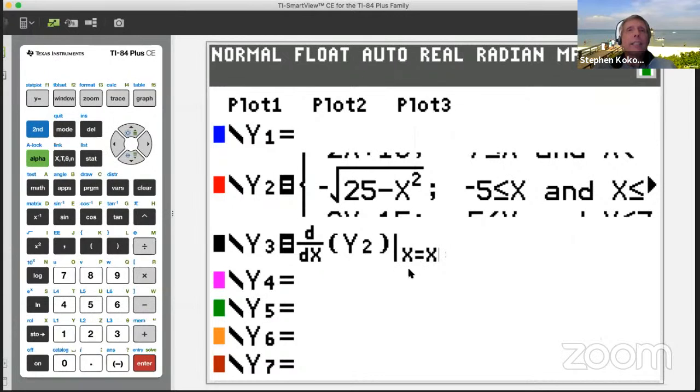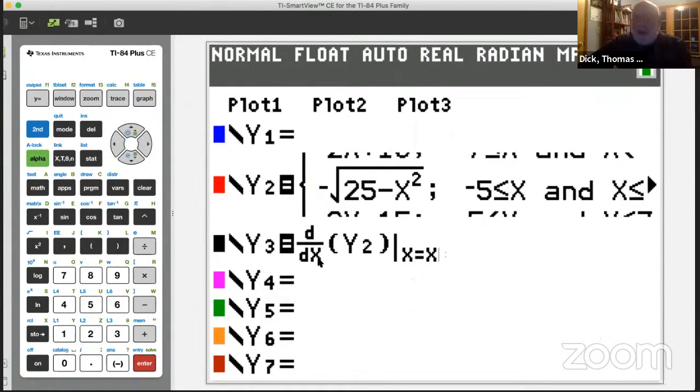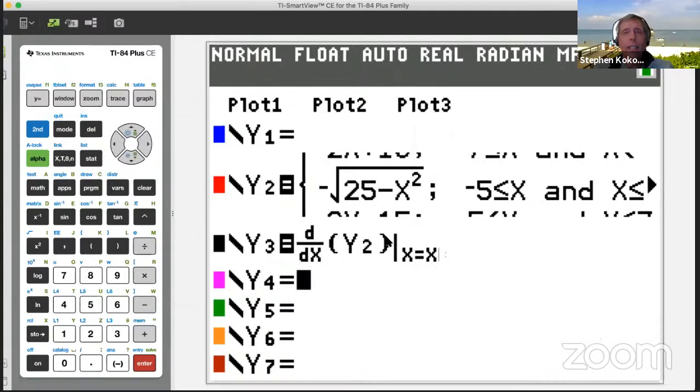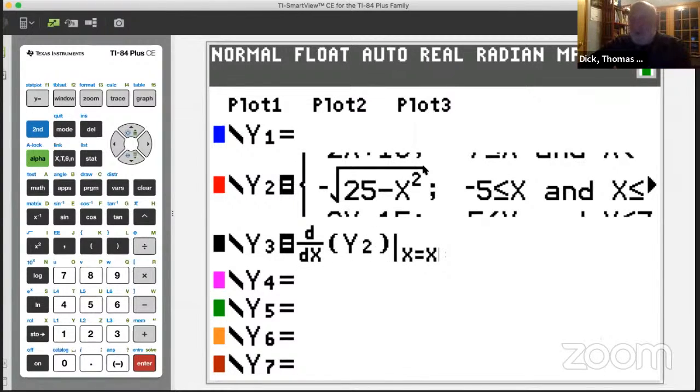I don't know. That's sort of a rhetorical question. I don't think there is. Well, I'd have to check into it. I'd be a little leery about changing the variable, but you do bring up an important point. If this had said x equals 3, then it would have done the numerical derivative of this piecewise defined function at that one point. Right.